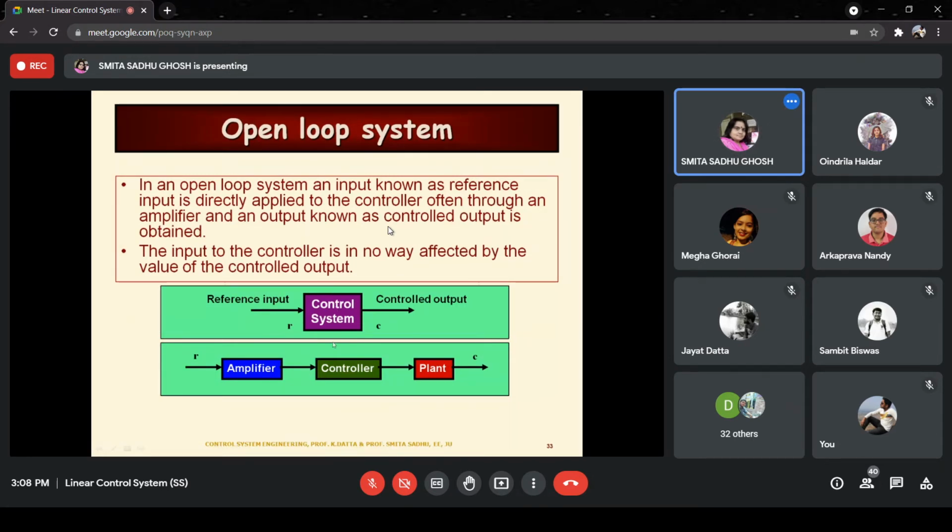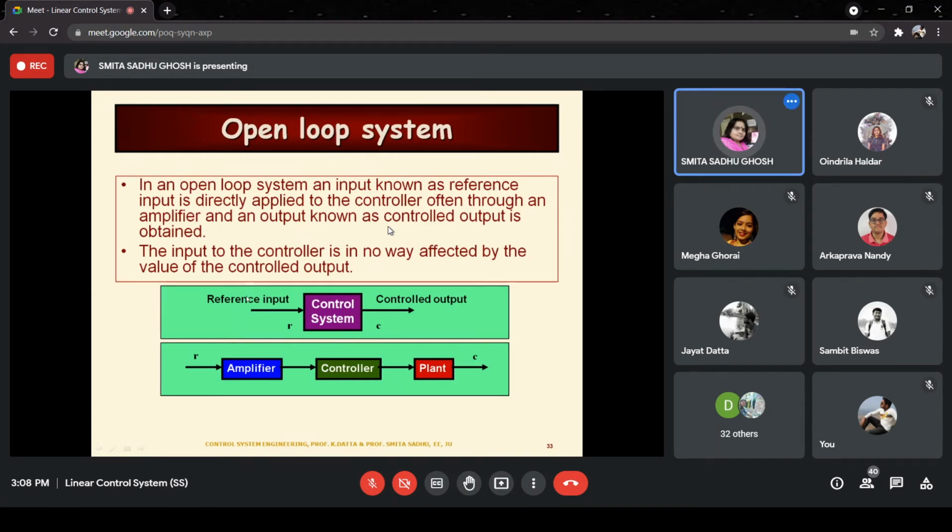In the second diagram over here, you find that the control system block has not been shown as a single block. Rather, some of the components or parts that make up the control system are shown separately. So you can see the plant and the controller and the amplifier, which is shown separately over here.